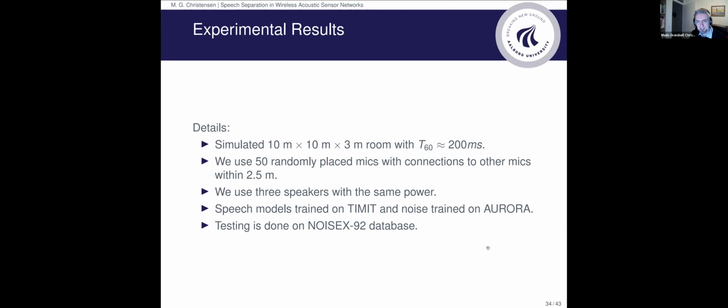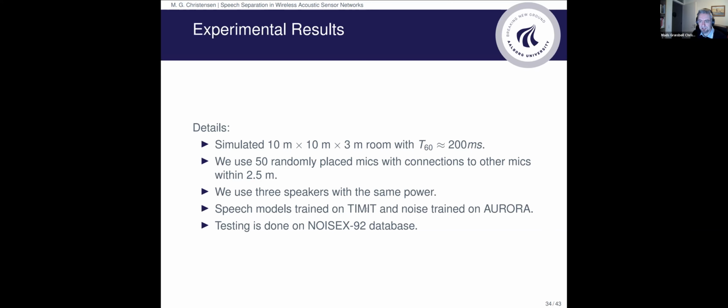This is in a simulated 10 by 10 by 3 meter room with a T60 of 200 milliseconds. We use 50 randomly placed mics with connections to other mics within 2.5 meters, simulating that the microphones are only connected to ones in their proximity. Here we use 3 speakers with the same power as an example.